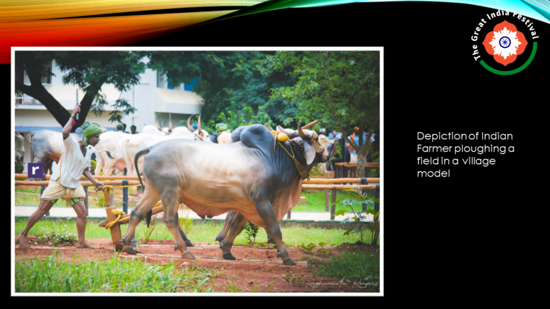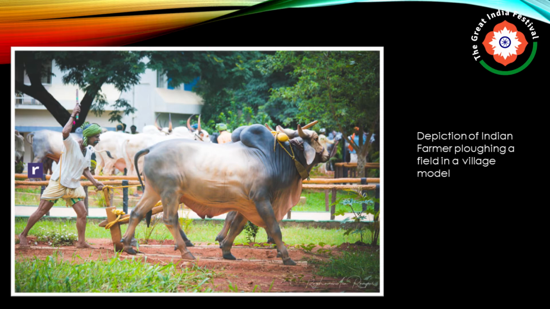The next photograph here actually depicts an Indian farmer plowing the field in a traditional way. This is a rural village model installation at a lake in Jayanagar, Bangalore city in India. The rural village model shows every aspect of village life and how it was.